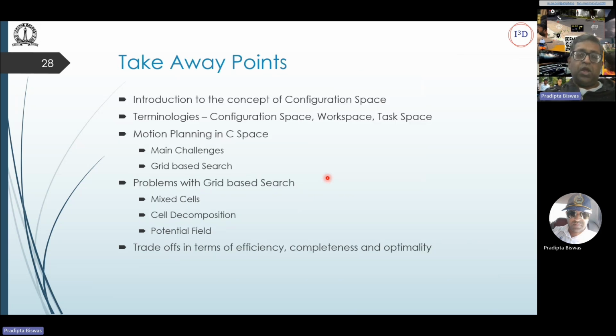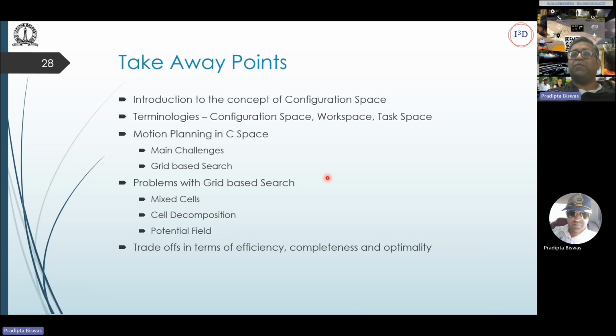So finally, in this lecture, we learned the basic concept of the configuration space and the various definitions of configuration space, workspace, task space, etc. We formulated the problem of motion planning in C space, and we saw that by discretizing, we can keep on using our same known algorithms to solve the motion planning problem.